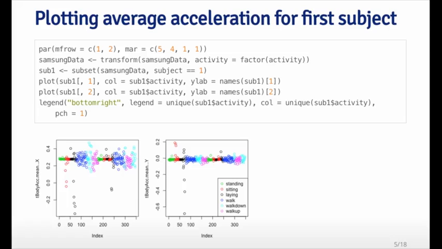If I plot the first subject, I can look at the first column, which is the mean body acceleration in the x direction. The acceleration is divided into 3 dimensions, x, y, and z. The second plot is the mean body acceleration in the y direction, and I've color coded each of the activities.